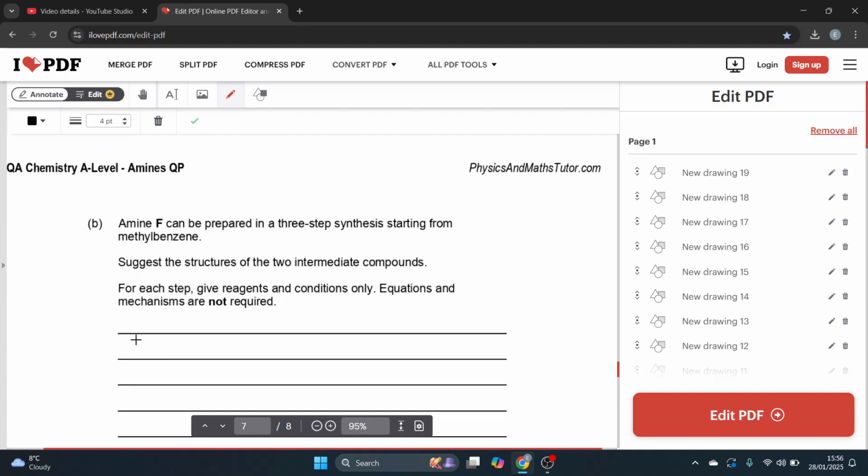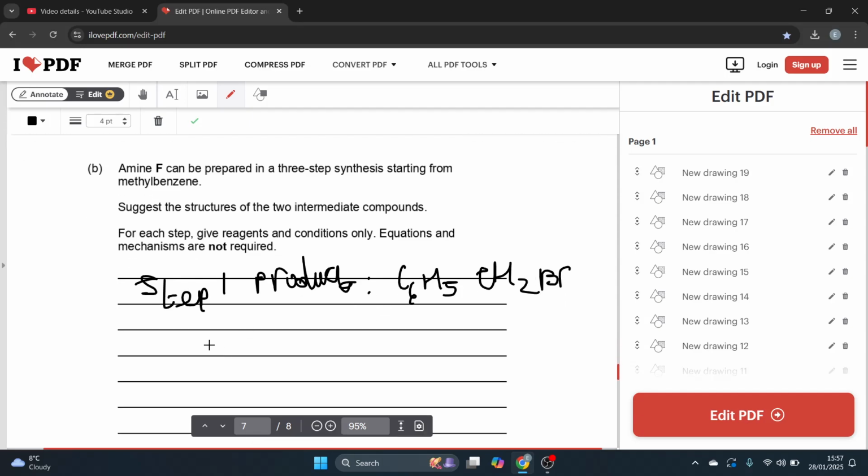Methyl benzene. So step 1 product is going to be C6H5CH2Br.